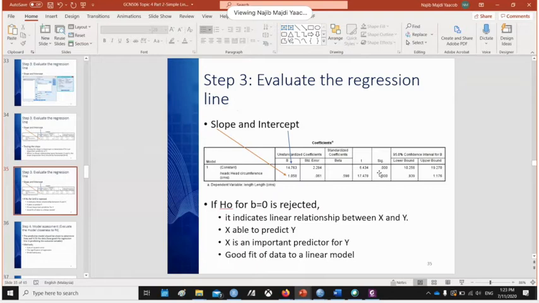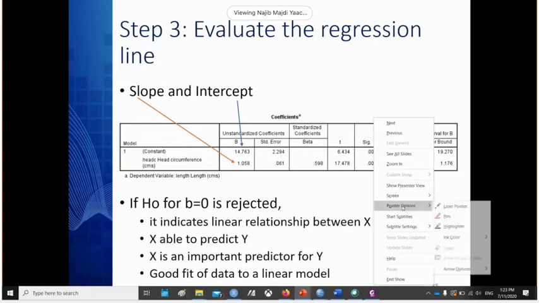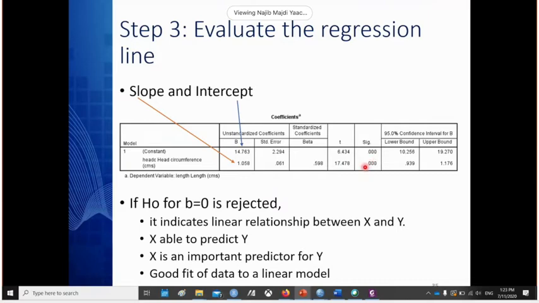We look at this p-value, the p-value for X, for head circumference. Now the p-value is less than 0.05, so we can reject the null hypothesis.